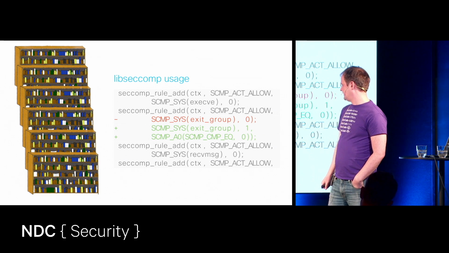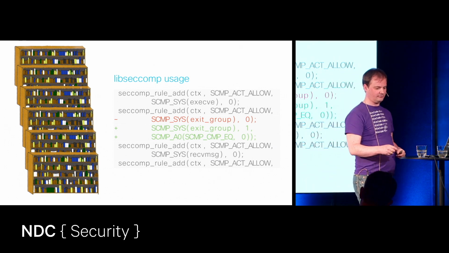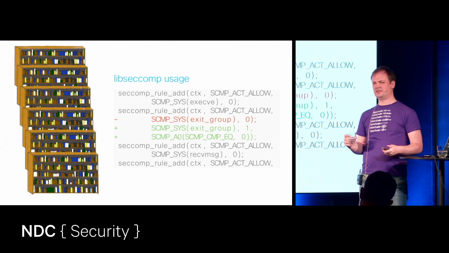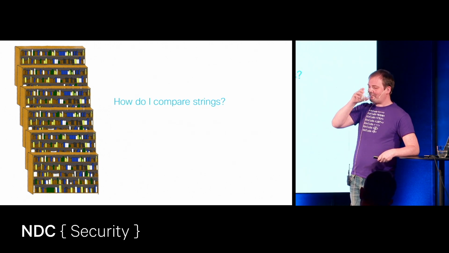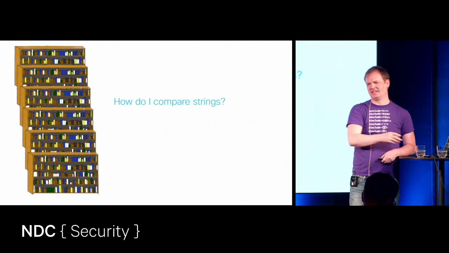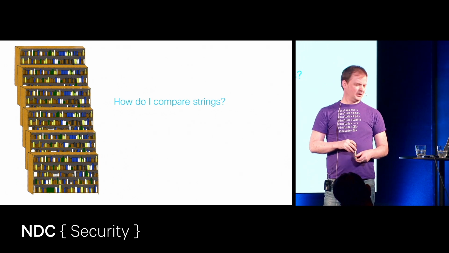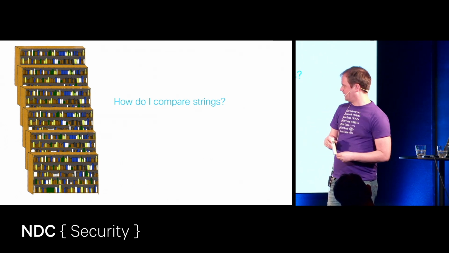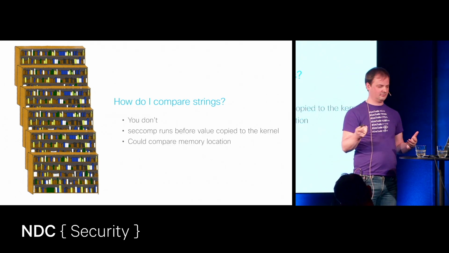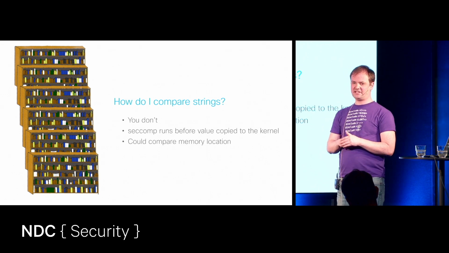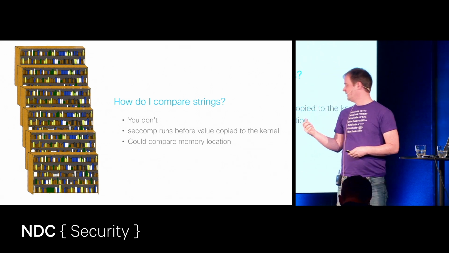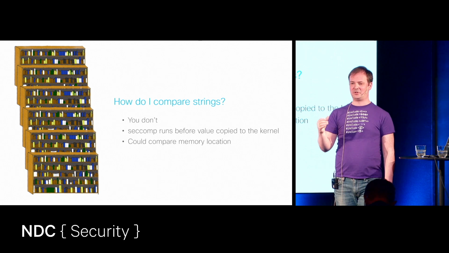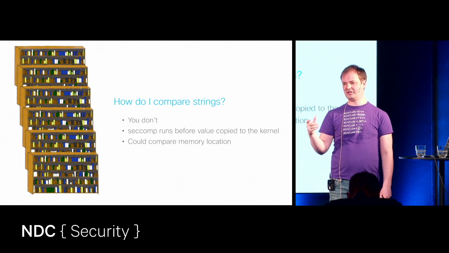Now, one thing that came up for me when I was doing this is that a lot of these syscalls, they don't take numbers. They take a string or a path or something. So how do I compare strings? There are probably many technical reasons for why you can't. But the reason why you cannot write something that dereferences a string is that you don't have the string value. It's not copied to the kernel at the point seccomp runs.